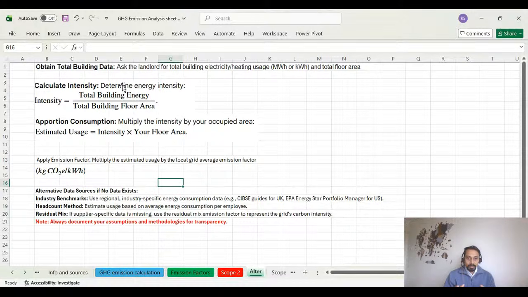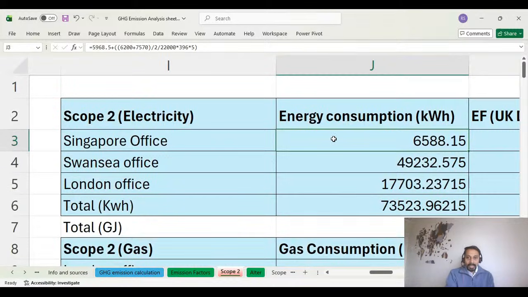So you will have the intensity at which your floor area consumes energy. Based on that, you can estimate the energy consumption by multiplying the intensity by your estimated floor area, the area used by you. Based on that, you can report that amount if you don't have the energy consumption ready.